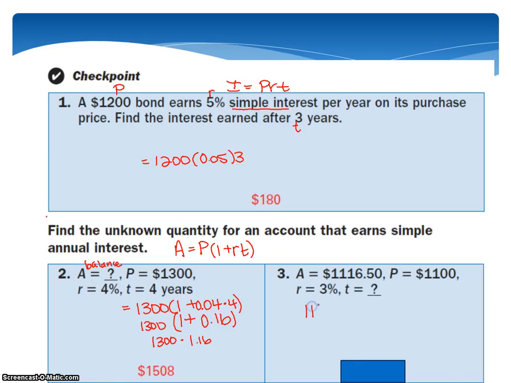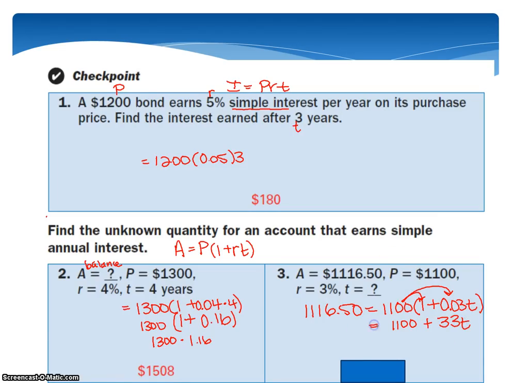Number 3, this time we know the balance. We know the principal times 1 plus R, which is 3%, and we don't know T. Distributive property. You're going to get 33T.